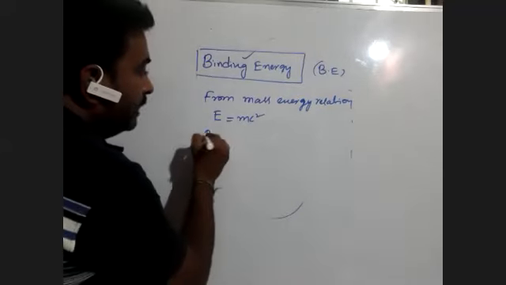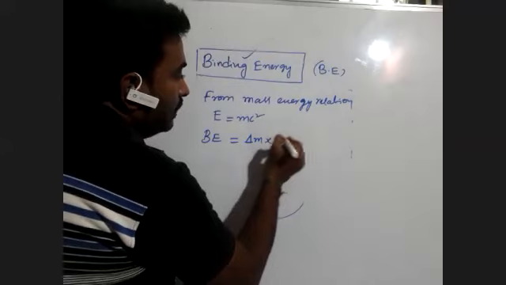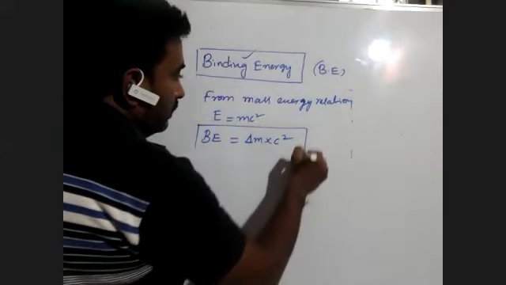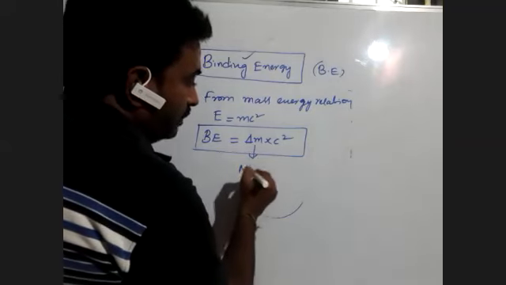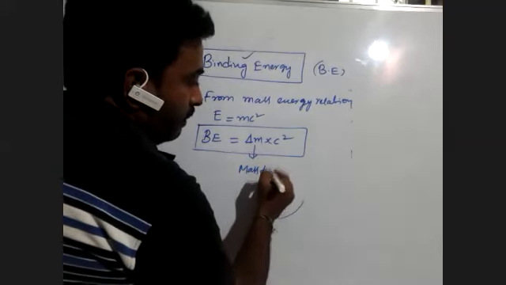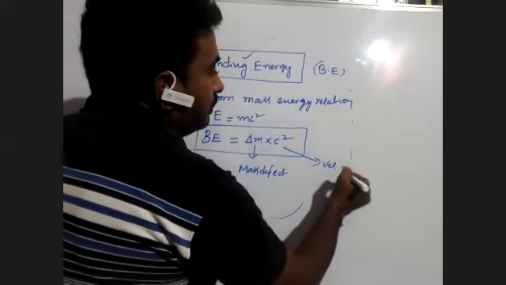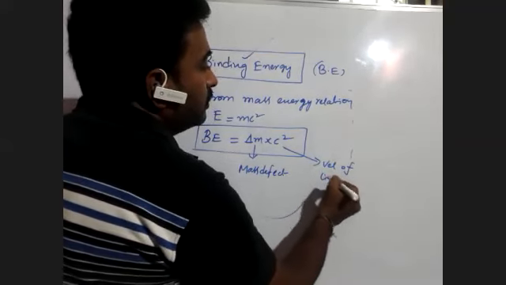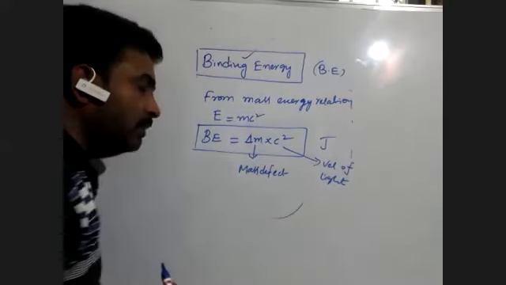Then binding energy is equal to delta m, that is mass defect, into c square. What is delta m? Mass defect. What is c? Velocity of light. So here you will get the answer in joules if you take delta m in kgs.